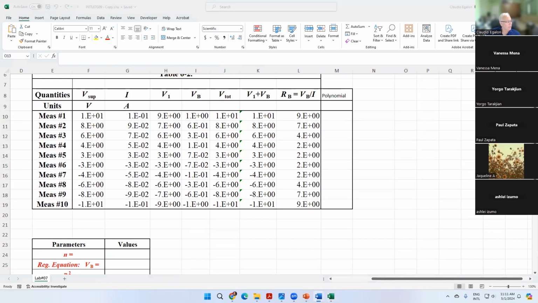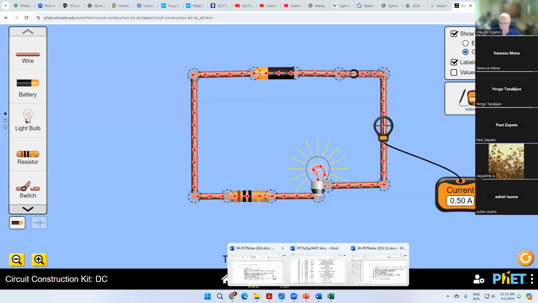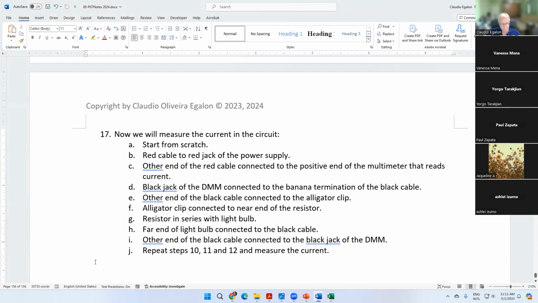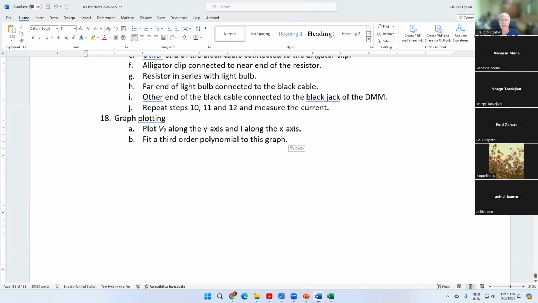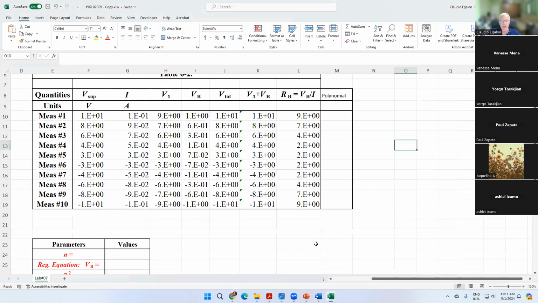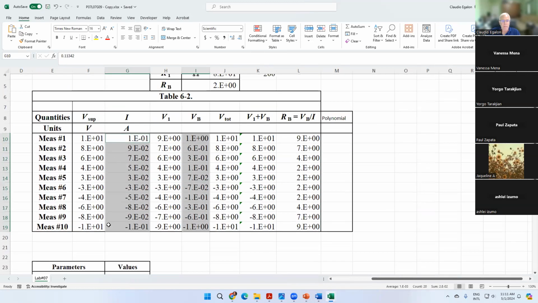And what you have to do next? Graph plotting. Plot VB along the y-axis and I along the x-axis. And now you're going to see that the light bulb does not display that straight line that the resistors display.